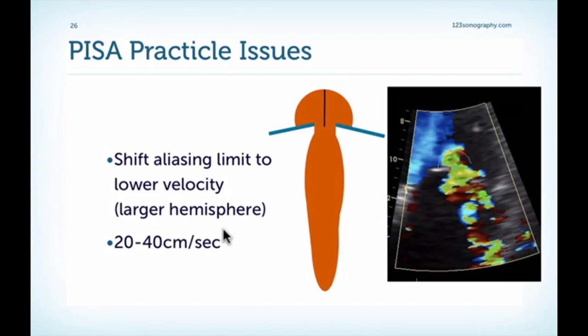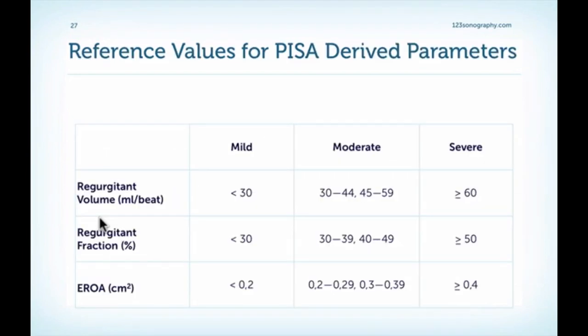Next, lower your aliasing limit to 20 to 40 centimeters per second by also shifting down the baseline. And third, be sure that you have the best image quality available. Here are the reference values for the regurgitant volume, the regurgitant fraction, and the effective regurgitant orifice area. You will find those again in your fact sheets.